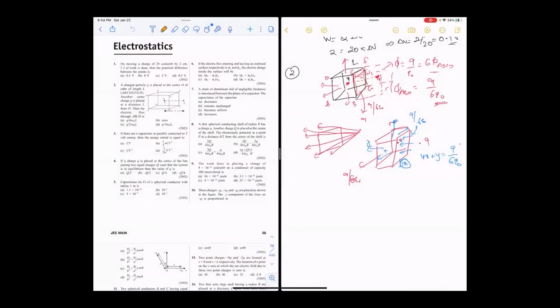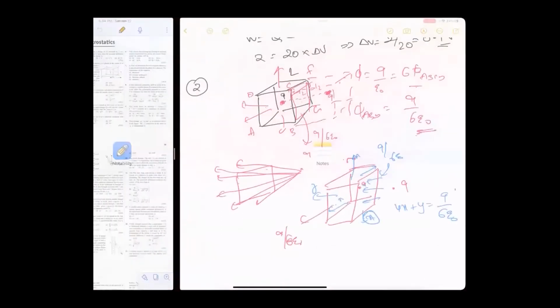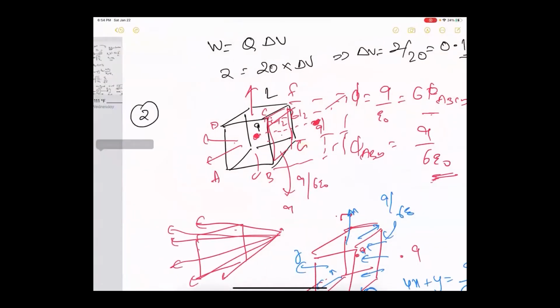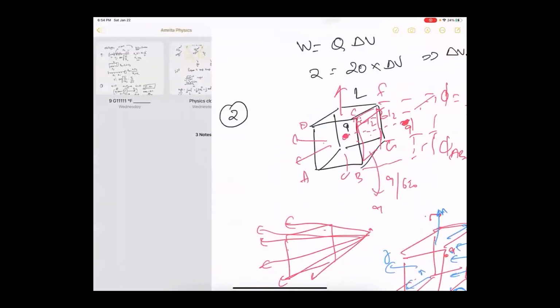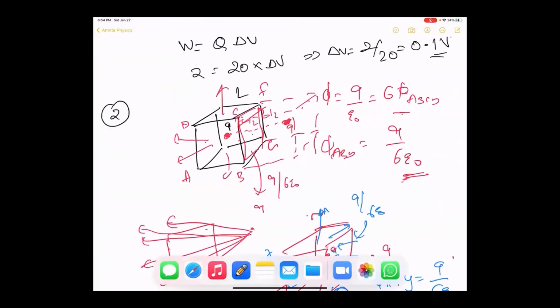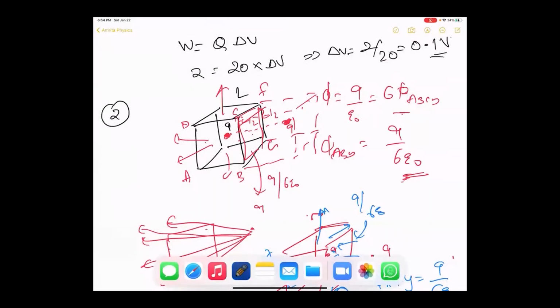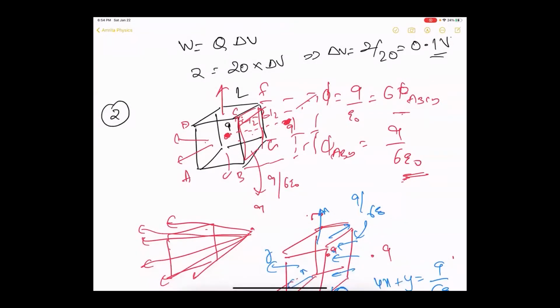So be clear about this again. I'm trying to solve it again. Oh no, it's gone or what? Just a minute. Yes, this is gone.